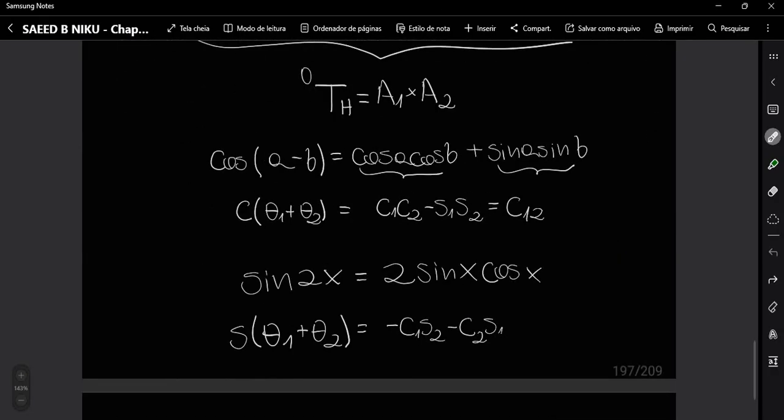Okay, so we have this element which corresponds to this element.